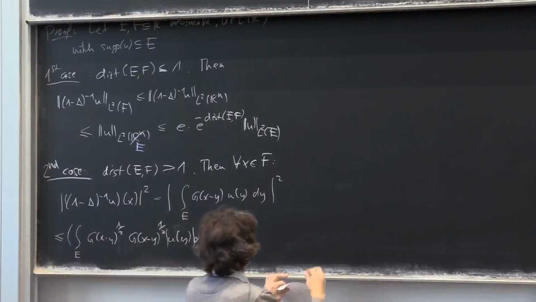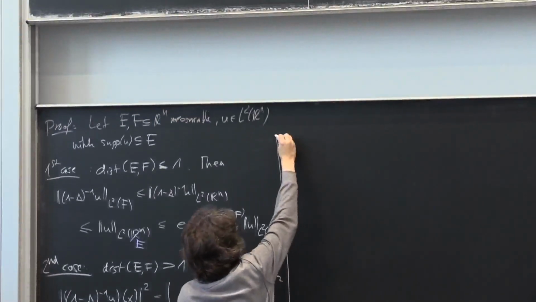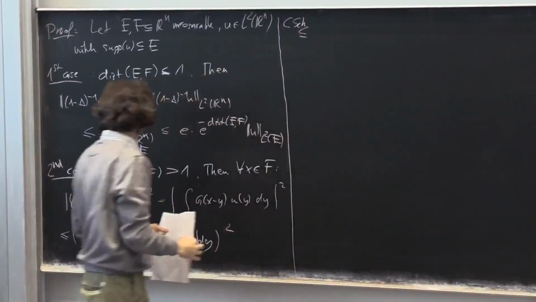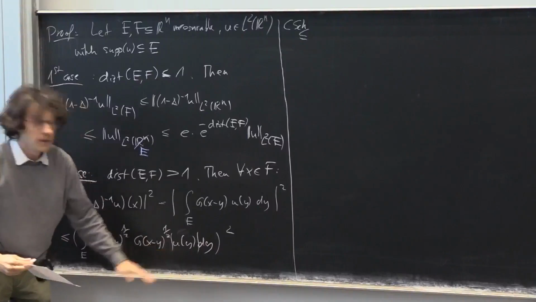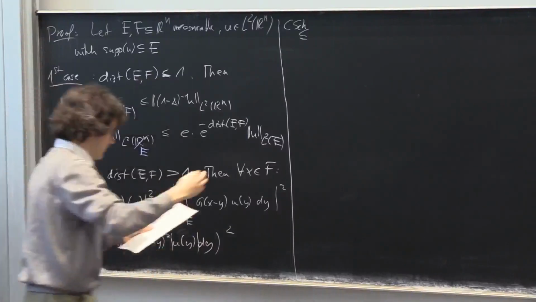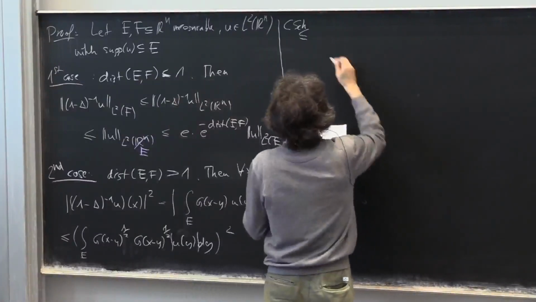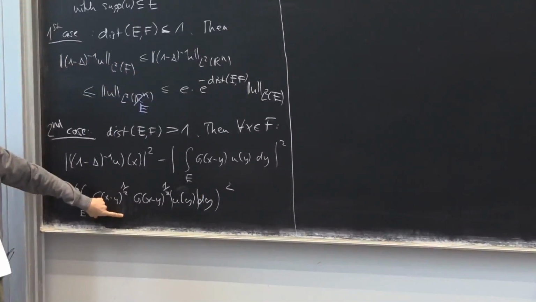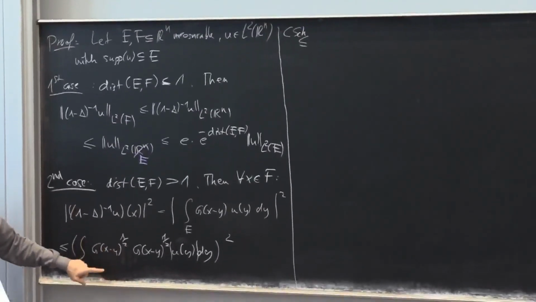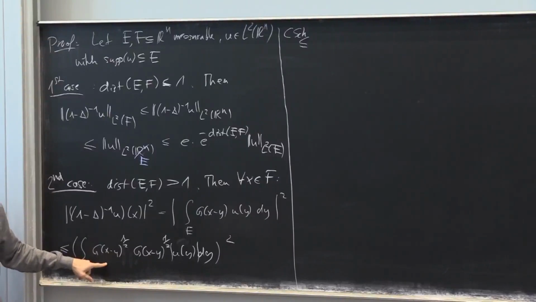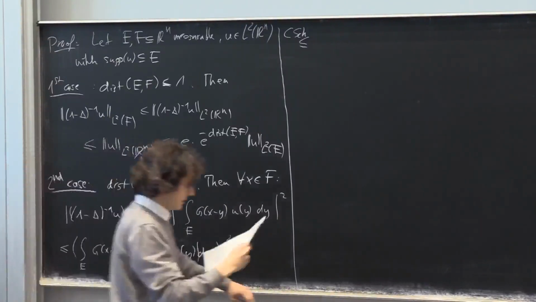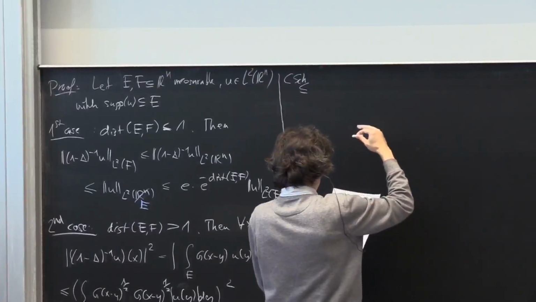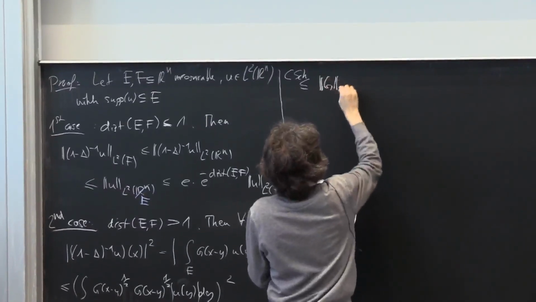Okay, now we do a Cauchy-Schwarz inequality. With these two factors, this is the first factor and this product is the second factor. If you look at the first factor, you do a square integration, you just get the L1 norm of g squared. We already know this is 1. So this is a nice part.